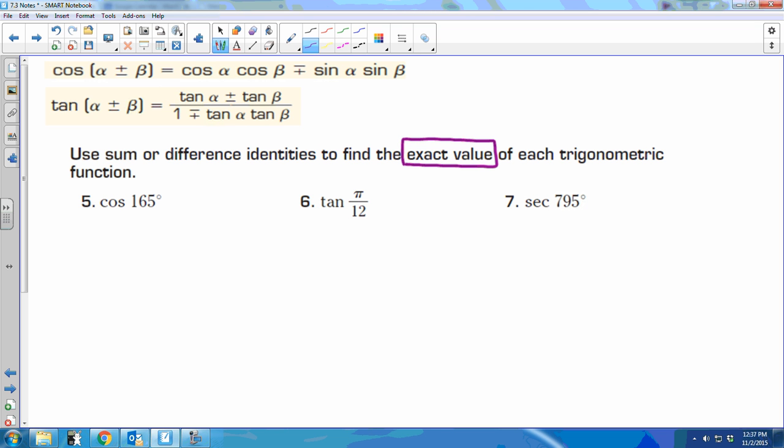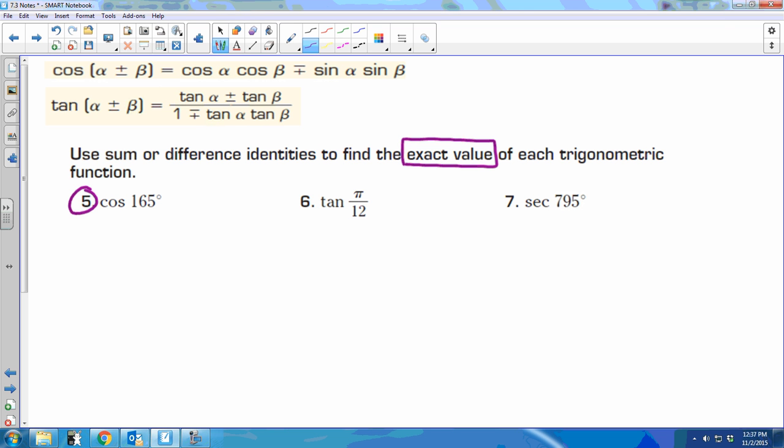So that's why you have to use these identities. For example, on the first one, it says to find cosine of 165 degrees. 165 degrees is not on the unit circle. But I have to add or subtract two angles to get 165. I could pick any two angles on the unit circle that add up to 165, or you could subtract to get 165, and then I have this identity that I can use.